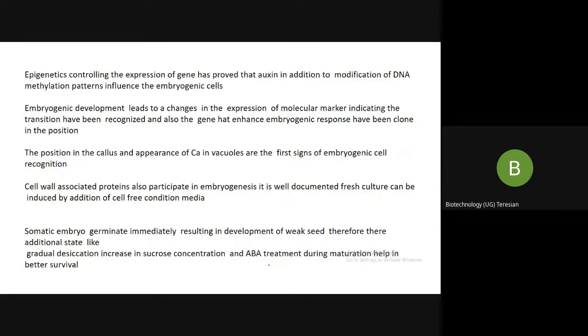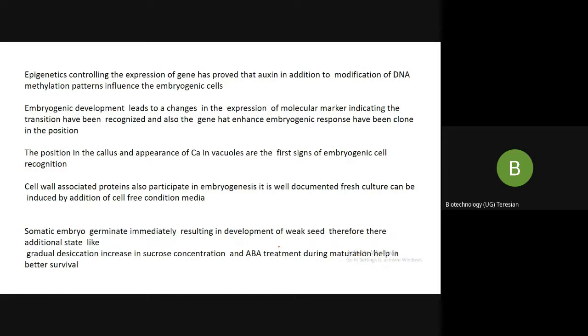So, apart from all that we have spoken, what else can influence the formation of your embryos? One is epigenetics. Okay, epigenetics controlling the expression of the gene has proved that auxin, in addition to the modification of the DNA methylation pattern, influences the embryonic cells.